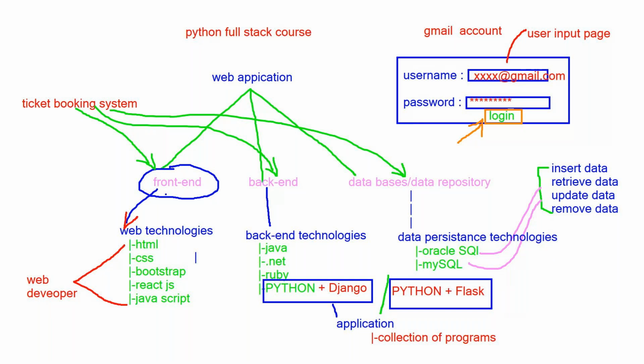When it comes to a static web resource, if you open the IRCTC portal and want to book a ticket, it will show you some train serial numbers, train names, departure time, arrival time.